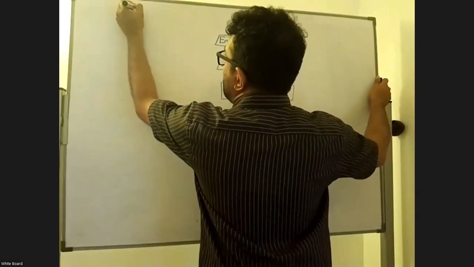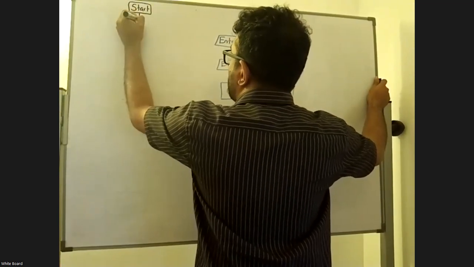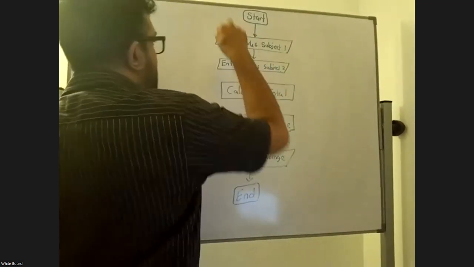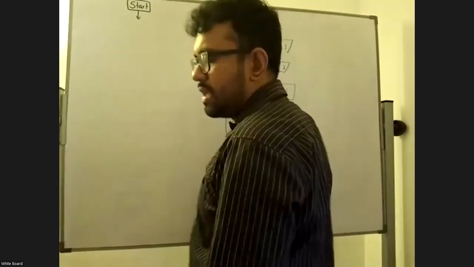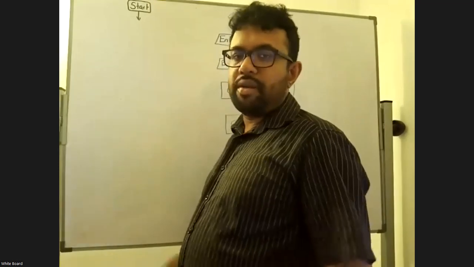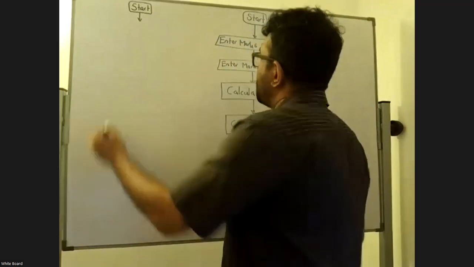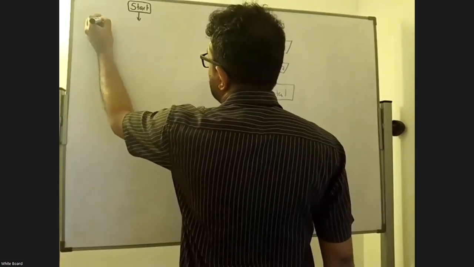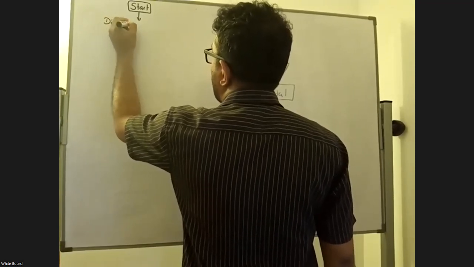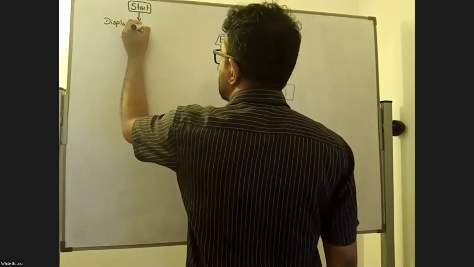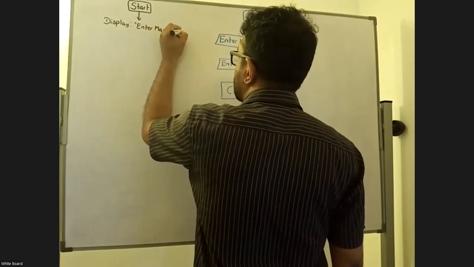First, normally before entering marks, you have to display a prompt to the user. Because the program is the model and the user is separate, we have to tell the user what he should do. So we have to display: enter marks subject 1.